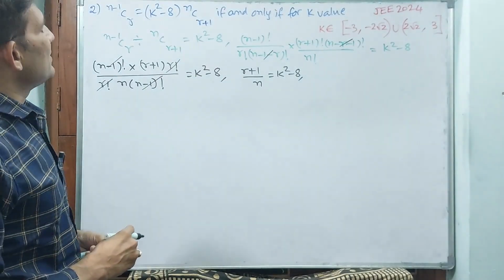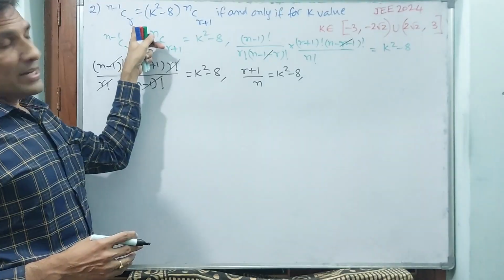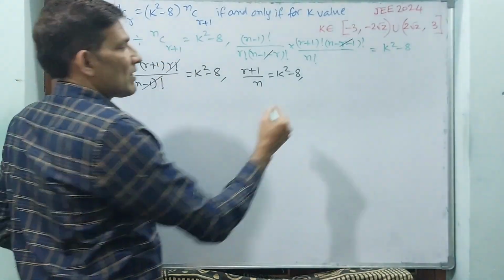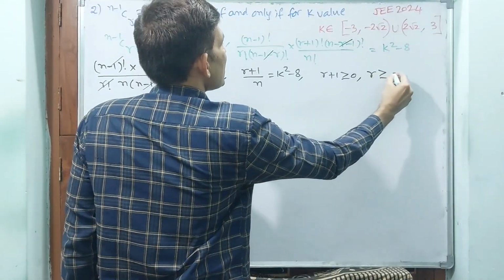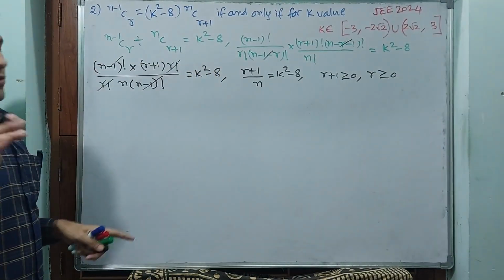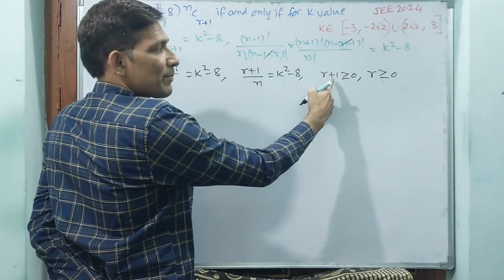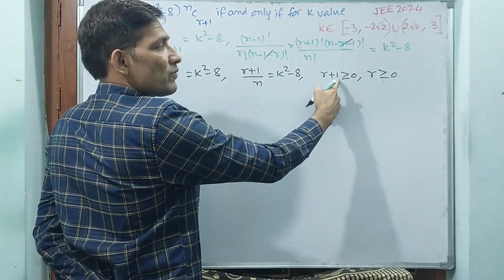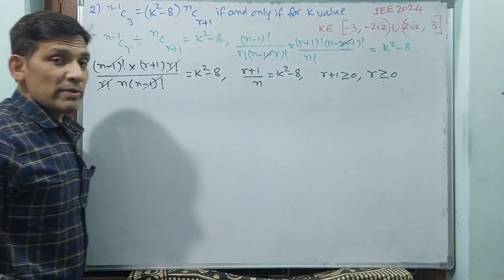Now wait. Why? Because see here, r plus 1 and r both are there. If r plus 1 is there, see what will happen. r plus 1 is greater than or equal to 0 and also r is greater than or equal to 0. Now which one do you have to take? You have to take this one. Why? Because if r plus 1 is equal to 0, if you take r is equal to minus 1, r equal to minus 1 is not possible.